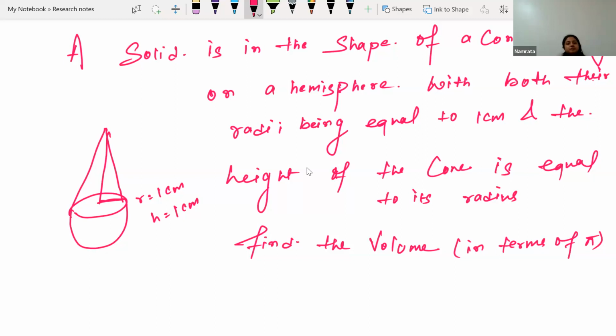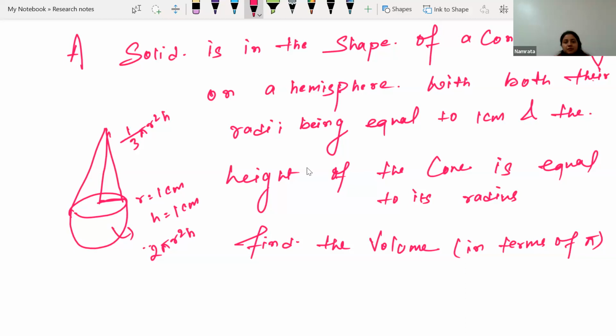The volume of the cone is 1 by 3 pi r square h. For the hemisphere, 2 pi r square h.